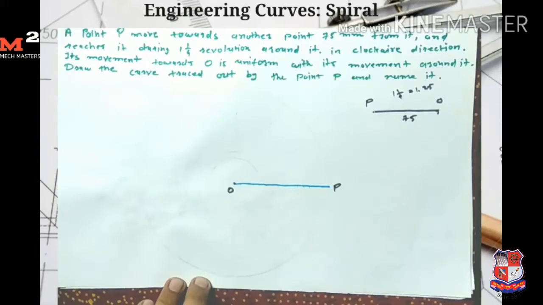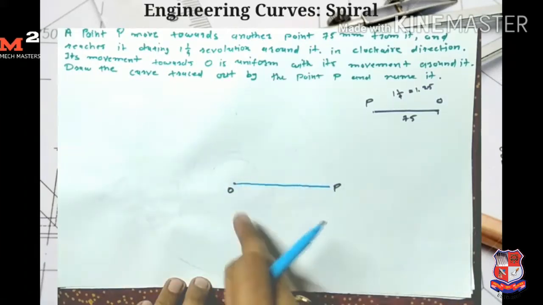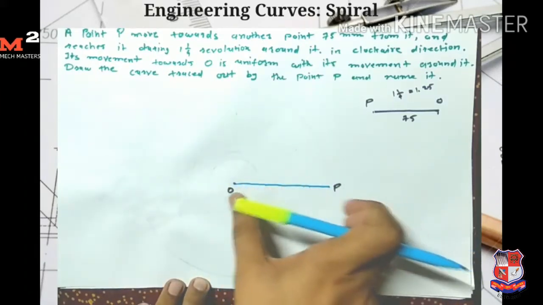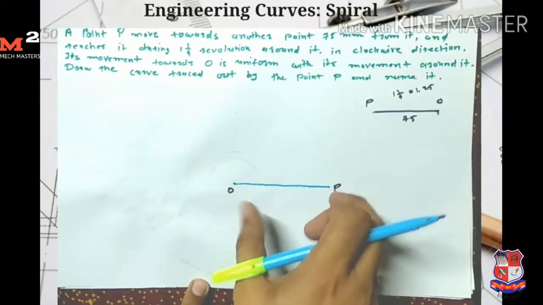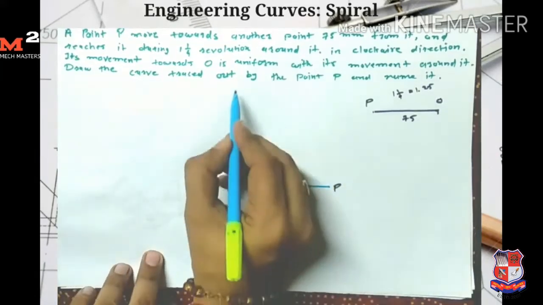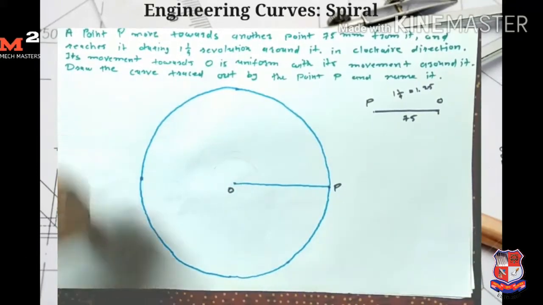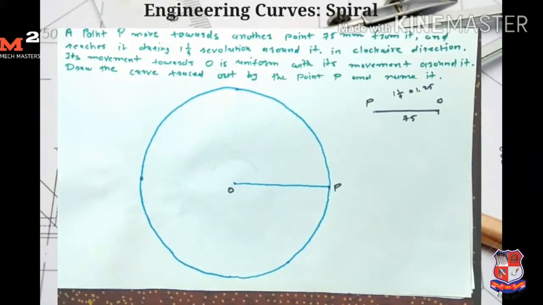First I draw one circle with O as the center and OP as the radius, meaning 75 mm as the radius. Now I divide this circle into 12 equal parts.